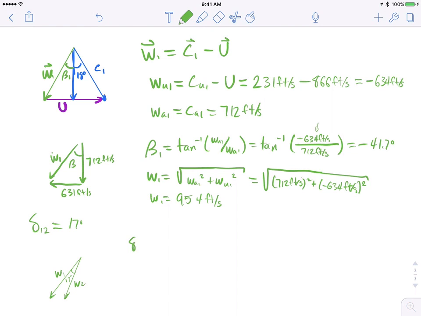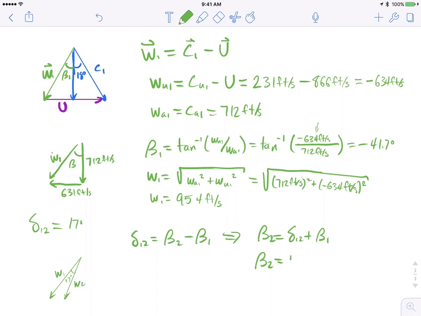Normally we would say that the turning angle delta 1,2 is equal to the difference between the outlet relative flow angle and the inlet relative flow angle. So we can easily solve for our outlet relative flow angle by reorganizing that: delta 1,2 plus beta 1.